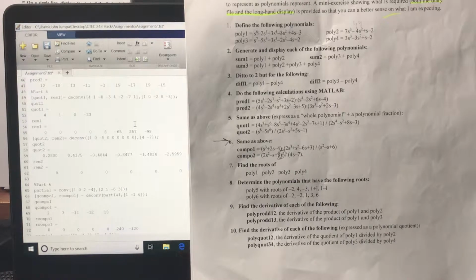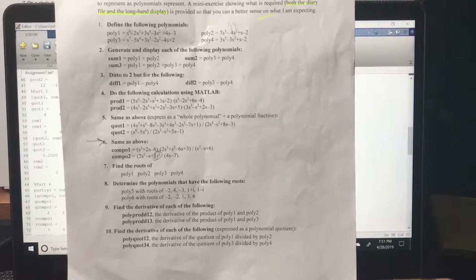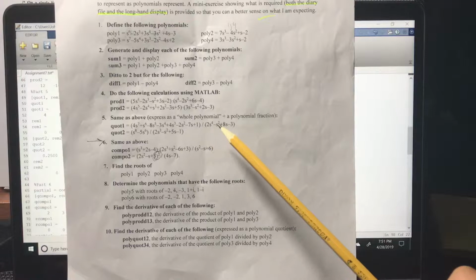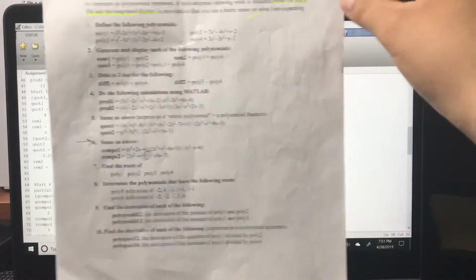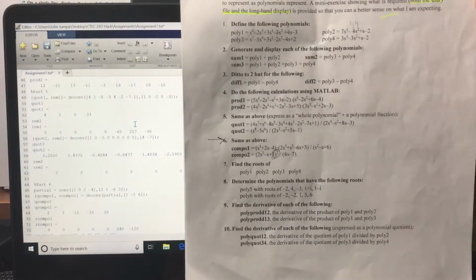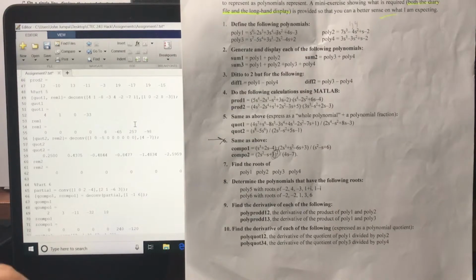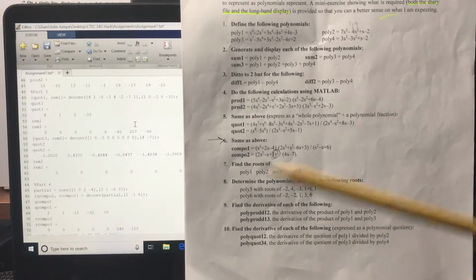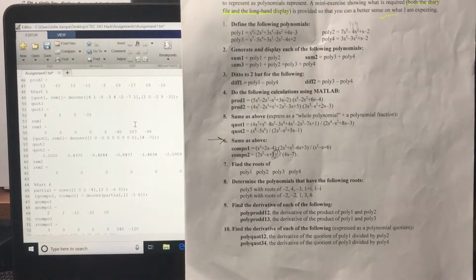So what you've got to do is divide these two polynomials right here. So that means you write bracket quo1, comma, rem1, rem for the remainder, and quo for the quotient you get when you divide, equals deconv. Instead of multiplying, deconv will just divide these two polynomials.